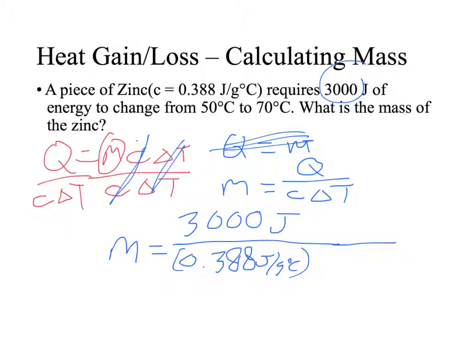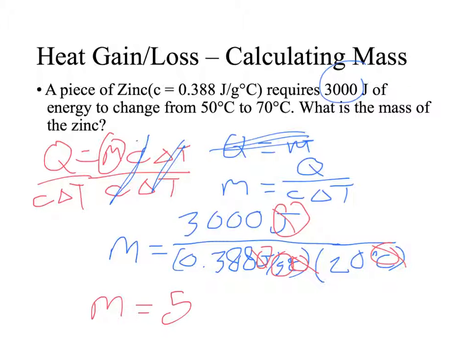And our delta T, we said, was a 20 degree temperature change, 20 degrees C. You'll notice the joules cancel, and the degree C cancels. It leaves us with 1 over 1 over grams. The answer is in grams. M equals something like 515 grams of zinc.